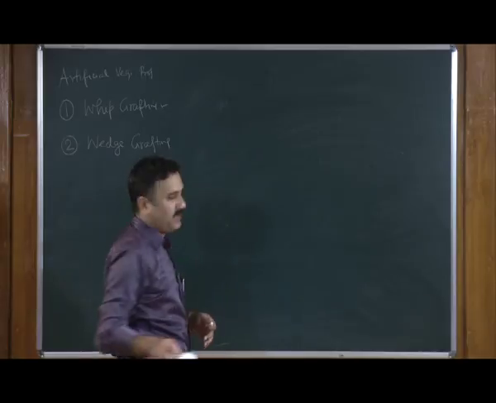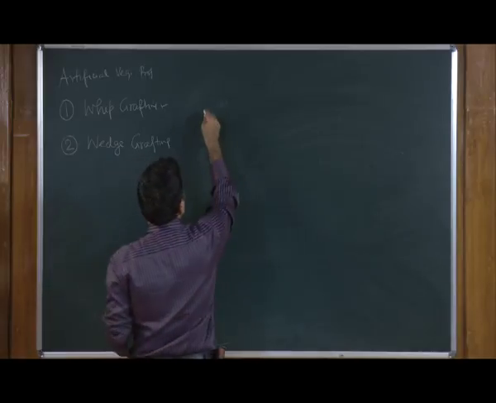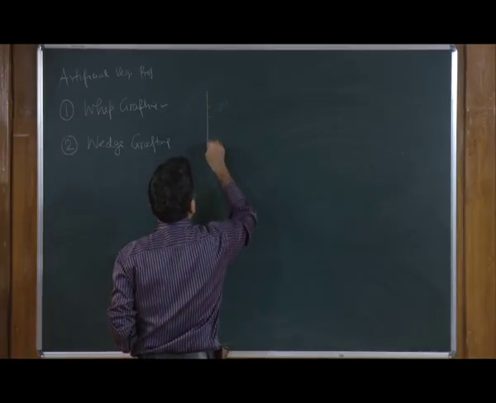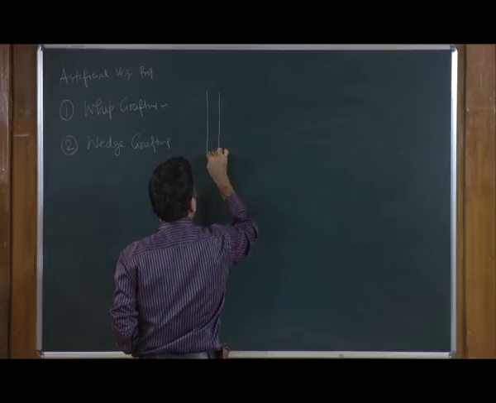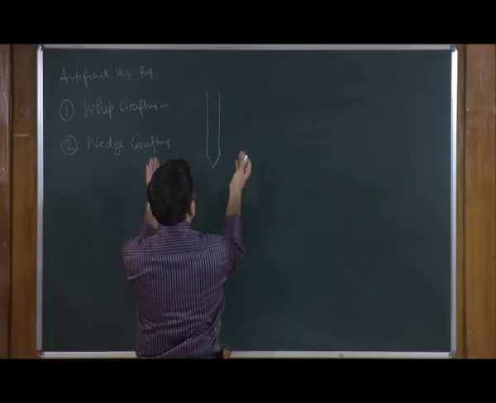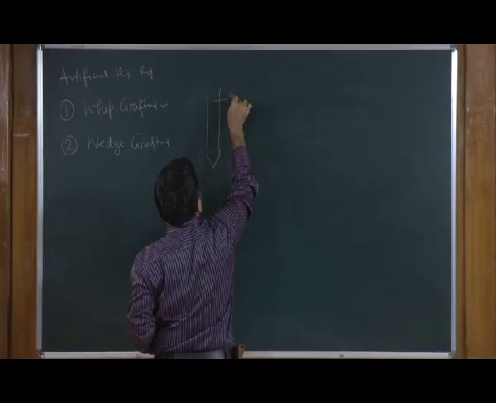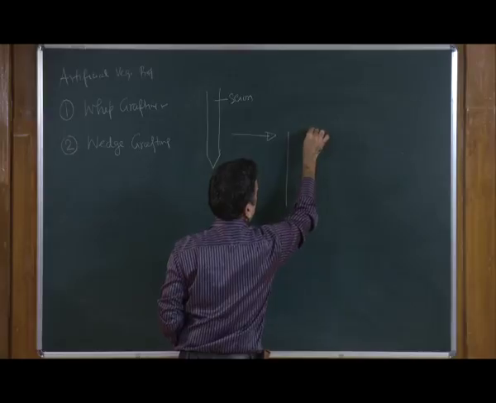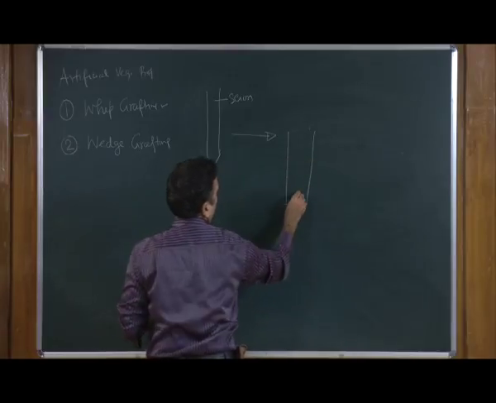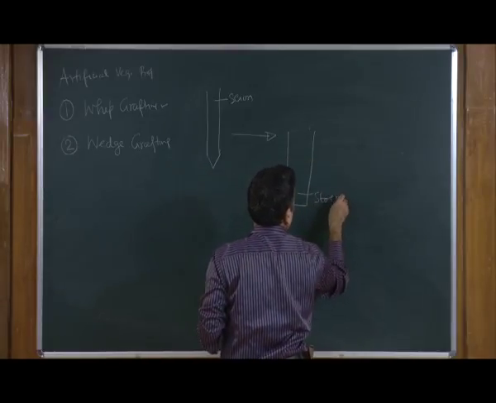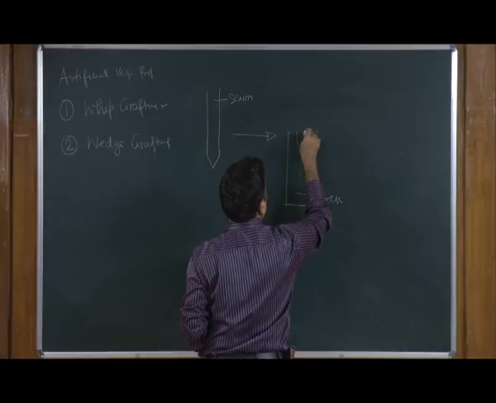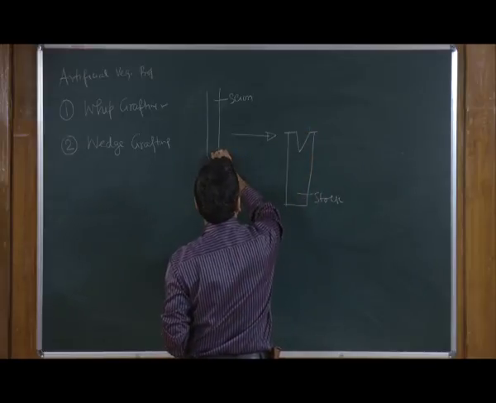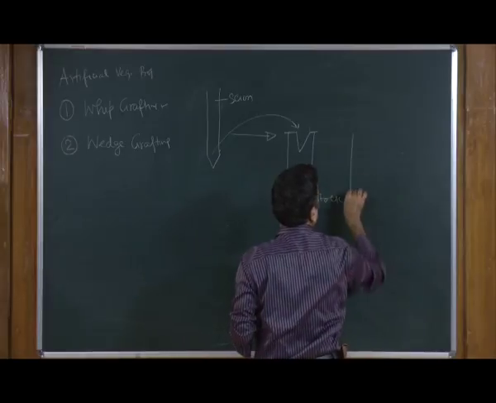In the case of wedge grafting, what you do is you make a pointed cut onto the scion, and then you take your stock and make a notch like this, and then you put this here.